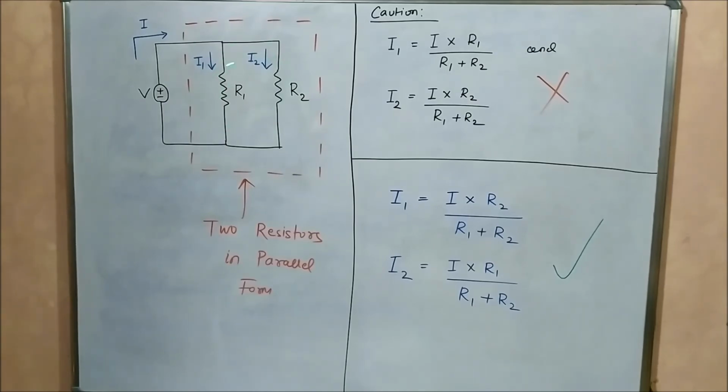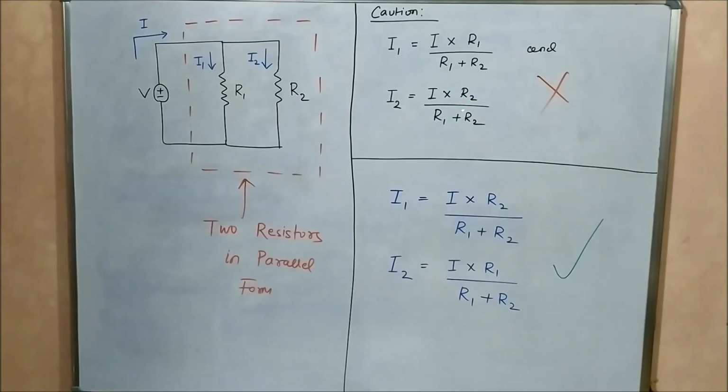Resistors connected in parallel. Another important thing: it is very easy to make a mistake, especially when you are beginning with this subject. The mistake is writing current I1 equal to I into R1 by R1 plus R2 and current I2 equal to I into R2 by R1 plus R2.